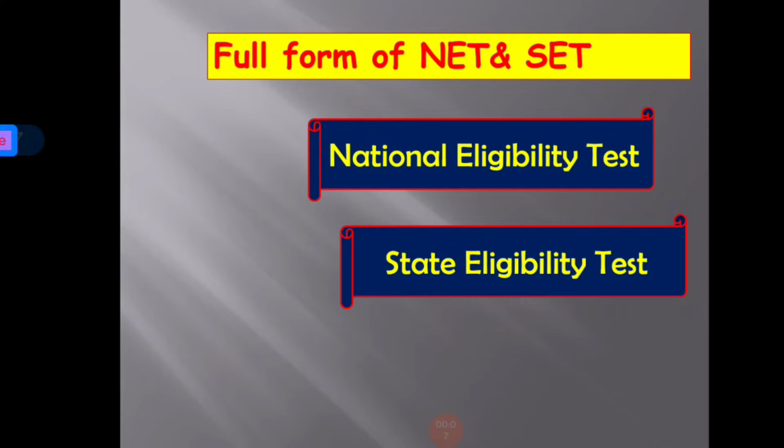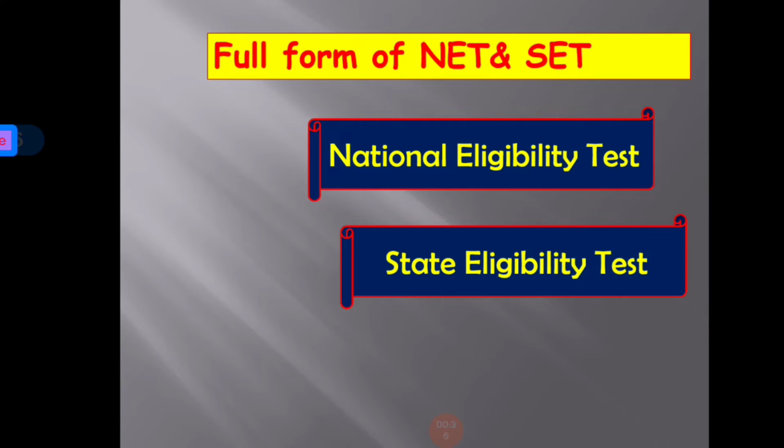So here we can see the full forms of NET and SET, two popular words. The first one is the National Eligibility Test, an eligibility test for aspiring candidates for a teaching career in higher education in India. And now going to SET, that is the State Eligibility Test.